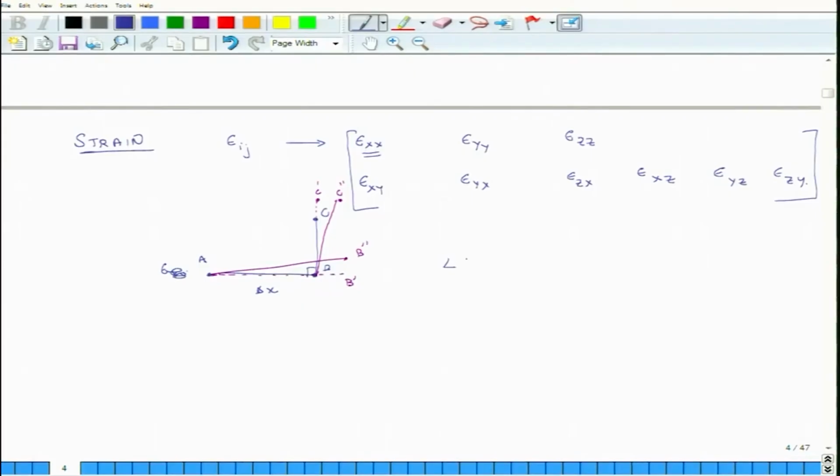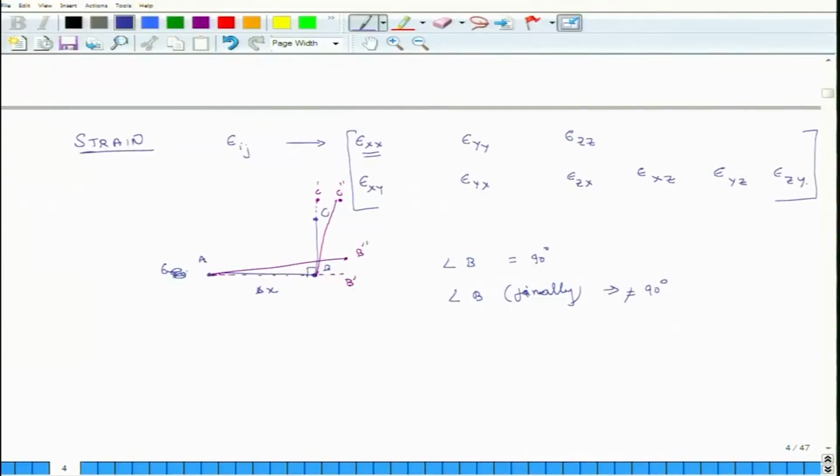If they do not rotate by the same amount, then the angle at B, which was initially 90 degrees, may finally not be 90 degrees. So, line elements are becoming longer and the angle is also changing.